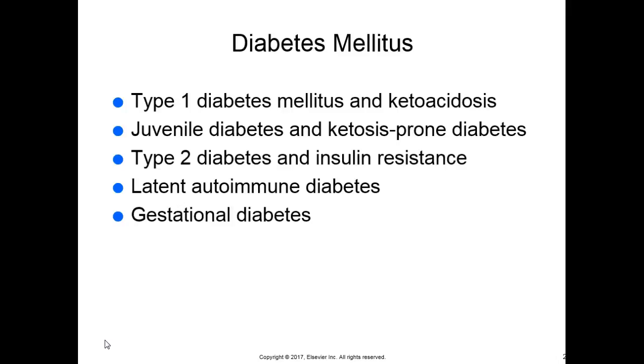Type 2 diabetes, formerly called non-insulin dependent diabetes, makes up about 90 to 95% of all cases of diabetes. It's believed to begin with insulin resistance, so the patient's pancreas is still producing insulin, but the cells are becoming resistant. And so the interaction of the insulin with the glucose is less effective, and the glucose metabolism is abnormal.